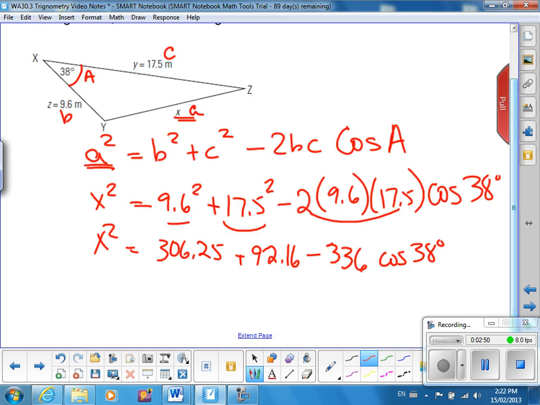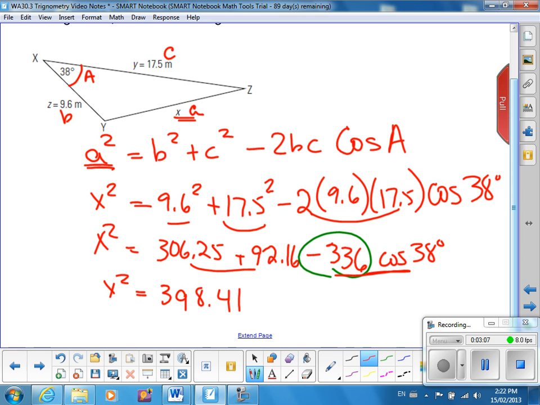We can combine these two, but we can't subtract the 336 because it is being multiplied to the cos. So we can just add the first two numbers, 398.41 minus 336 cos 38. Then we can do the multiplication.